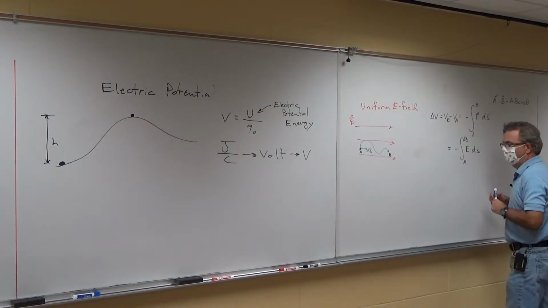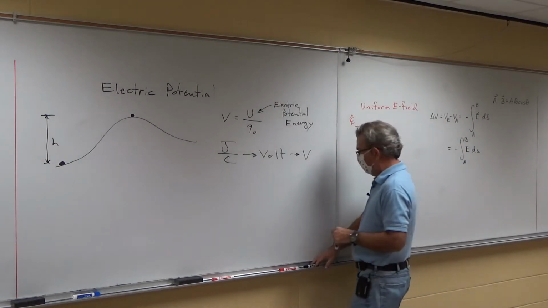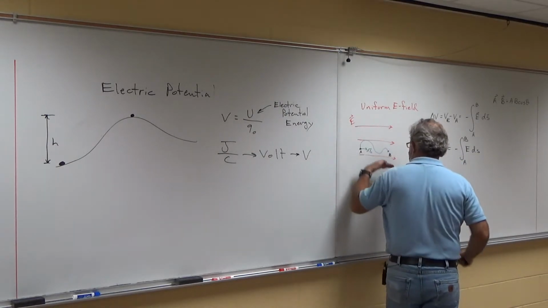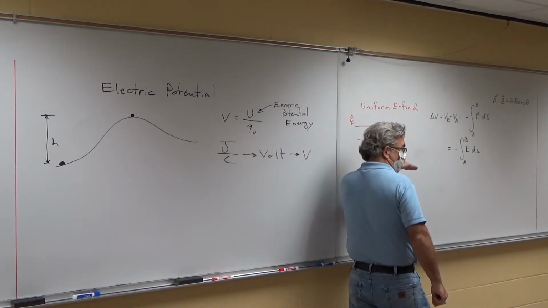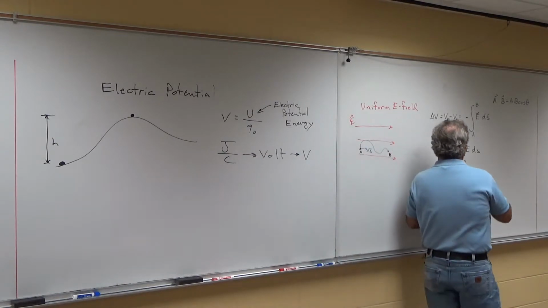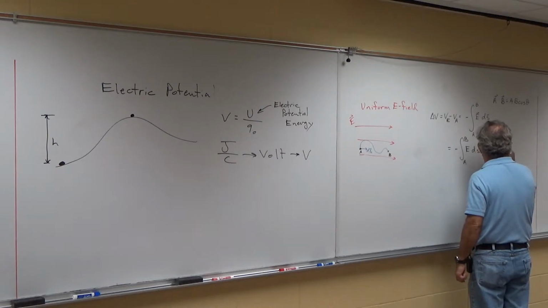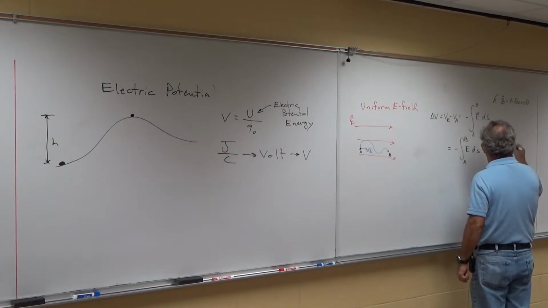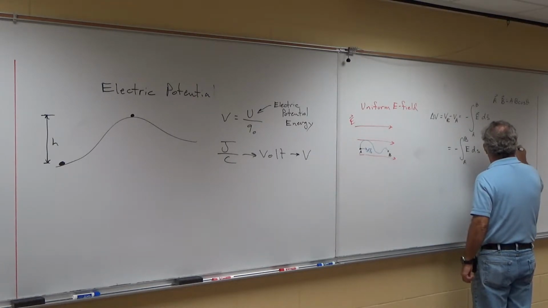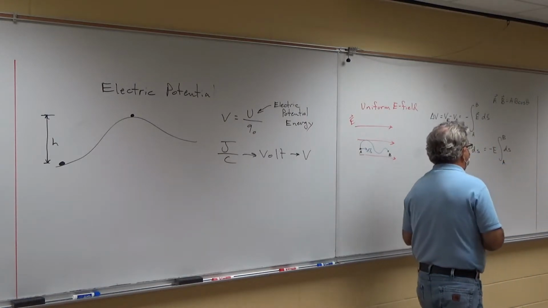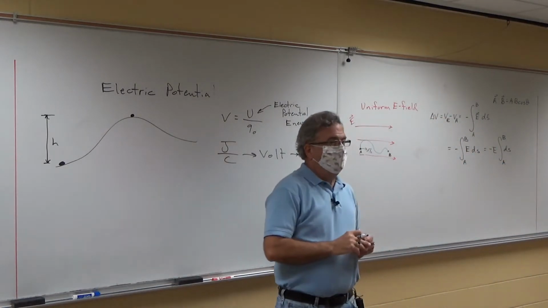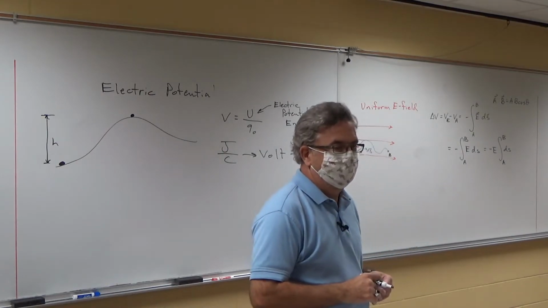In this case, I took care of the dot product. It's a uniform field. I'm moving parallel to the field. This can come out of the integral because it's a constant. What's the integral from A to B of ds?